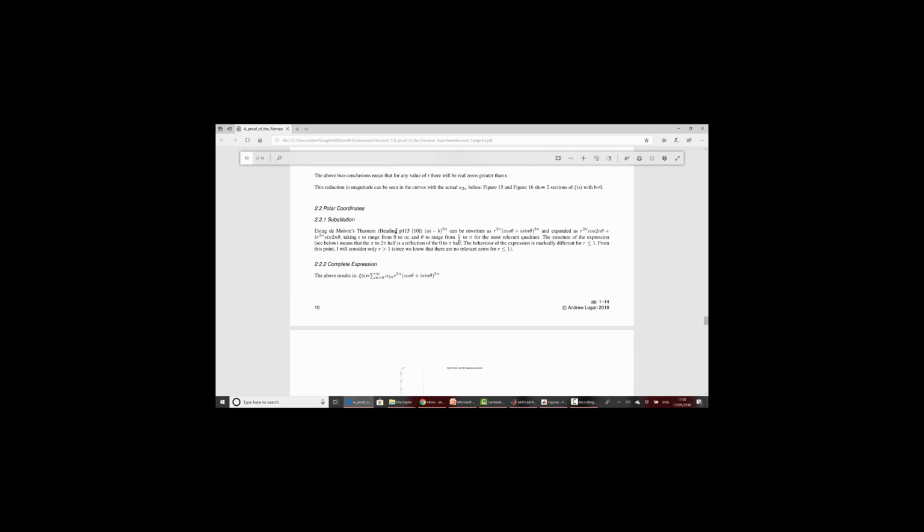Now, the next thing that we do, another substitution. Instead of ai minus b to the 2n, or xi minus y to the 2n, can be written as r to the 2n cos theta plus I sine theta, de Moivre's theorem. And you can expand that as r to the 2n cos 2n theta plus I r to the 2n sine 2n theta, taking r to range from 0 to infinity and theta to range from pi by 2 to pi for our most relevant quadrant, which matches the xi minus y.